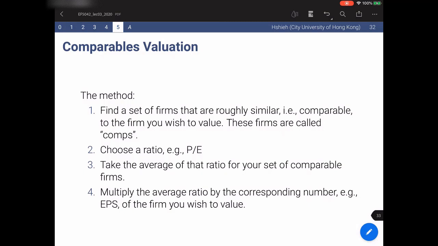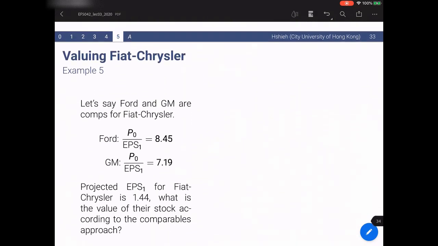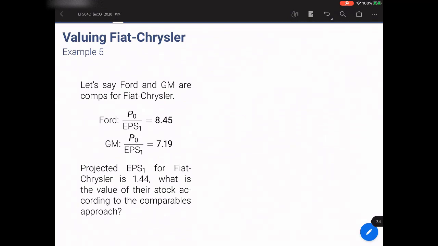So let's do an example just to make sure we understand how that's done. Look at example 5, where we decide to value Fiat Chrysler. Fiat Chrysler is a car manufacturing company, I believe in the US. Say we have two comparable companies, Ford Motors and General Motors. They manufacture similar types of cars such as sedans, vans, and trucks.